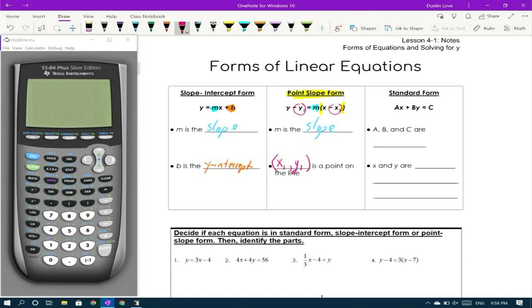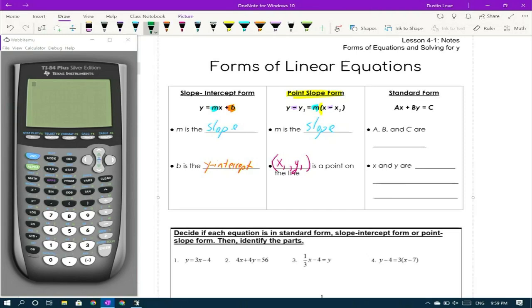Now, it's important to realize that this x1 and y1 in the equation have negative signs in front of them. Negative signs inside of a formula are mathematical shorthand for you to change a sign, and you'll see what that looks like when we get down to the examples below.